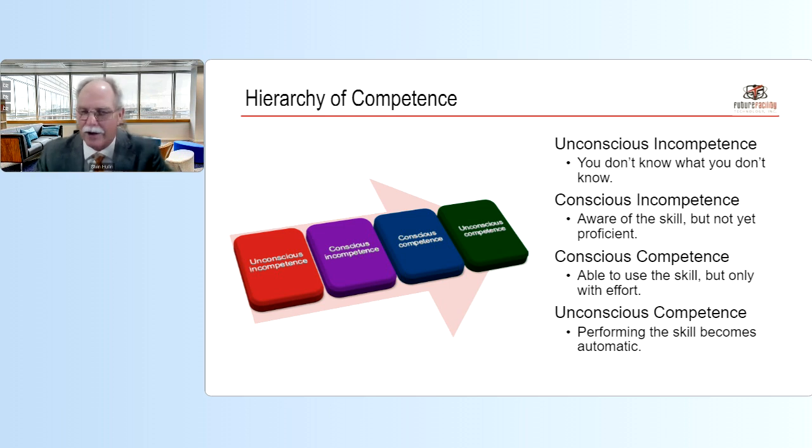The next thing you know, you're done with your task and you're moving on to the next building or the next place. So this hierarchy of competence is important for every endeavor that you do. I just wanted to remind you of the stages of learning that we go through.